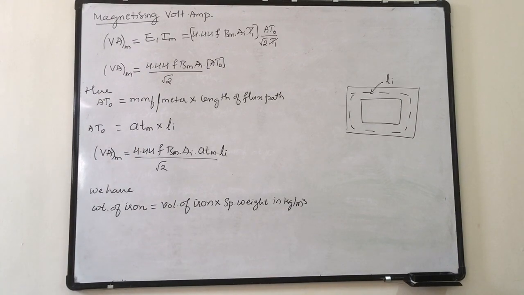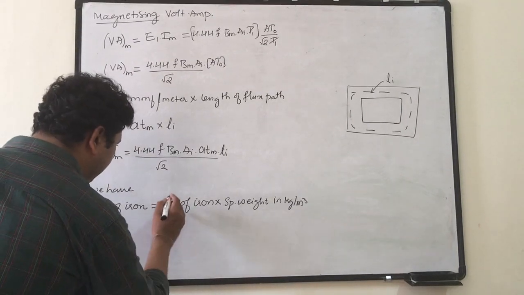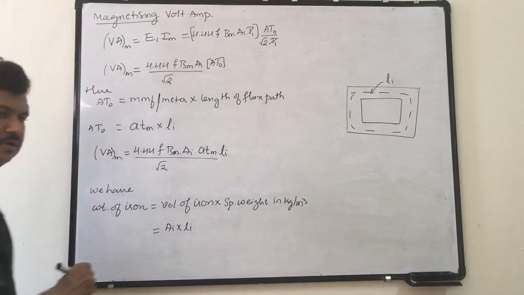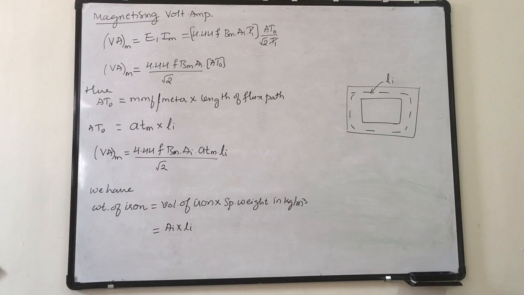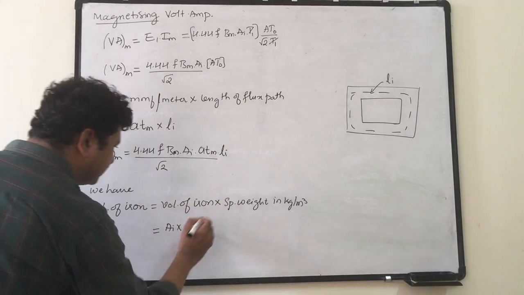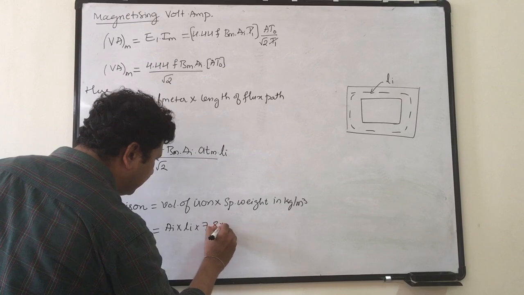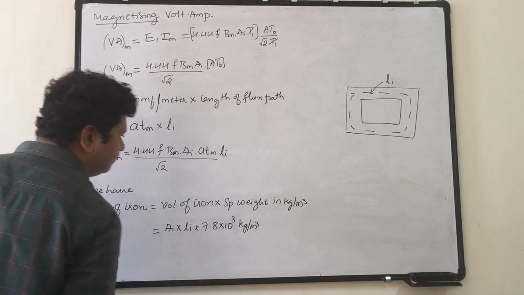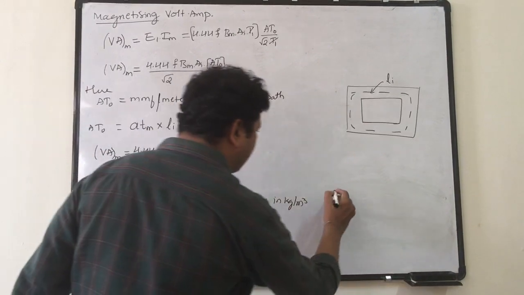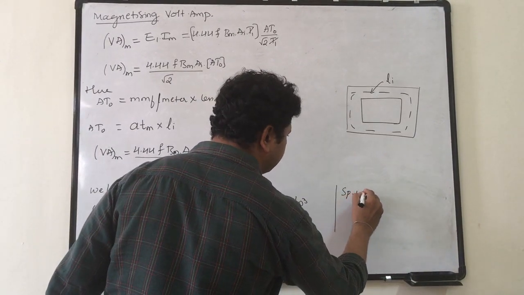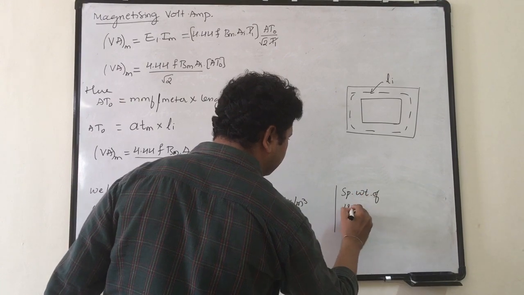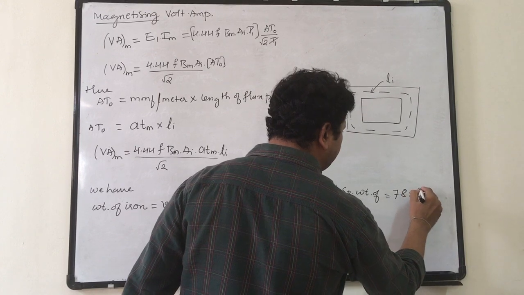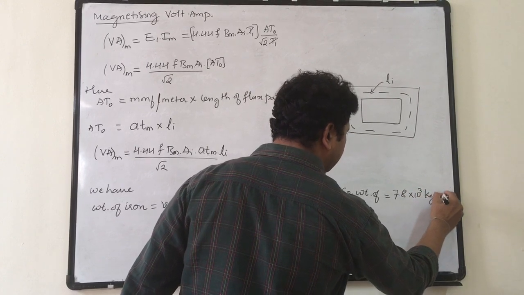I can write volume of iron as Ai into Li, area of iron multiplied by length of iron, multiplied by specific weight, 7.8 into 10 to the power 3 kg per meter cube.